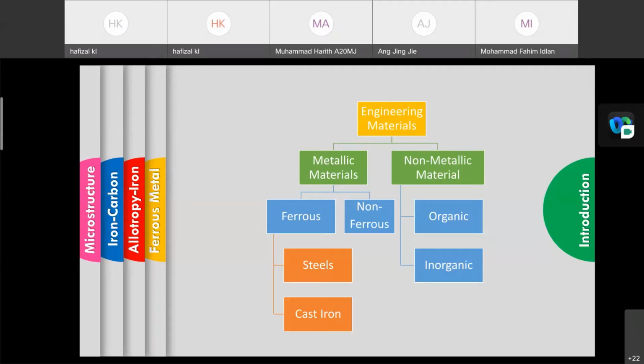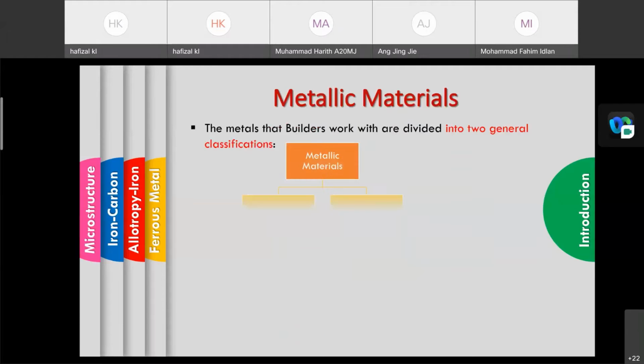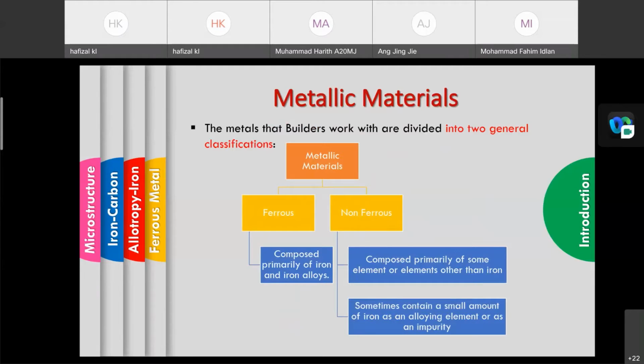For the non-metals, they are divided into organic and inorganic. So for the metal group of materials, we have ferrous, which is composed primarily of iron, as I already explained, and its alloys. These alloys can basically be classified as steel and cast iron.